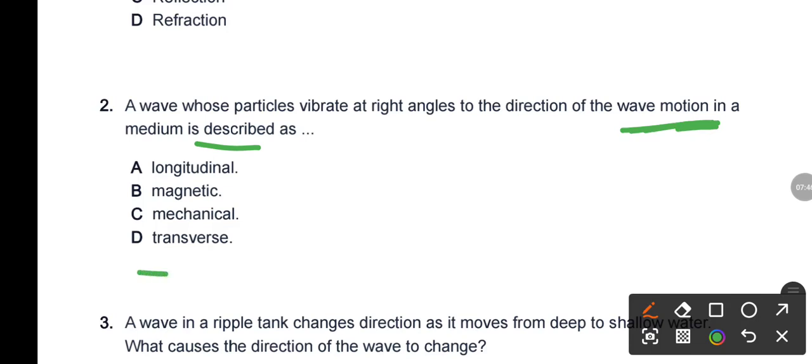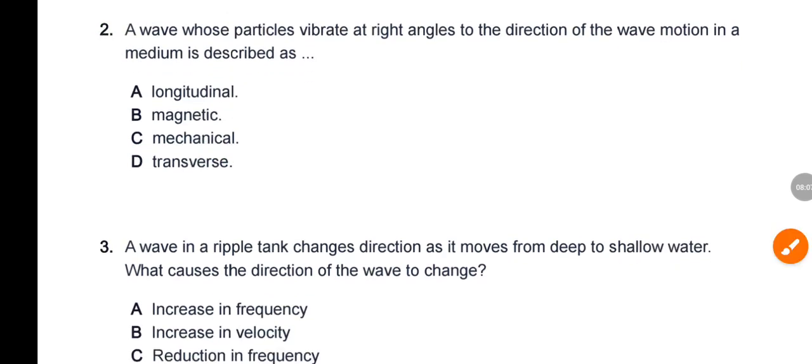Whereas for a transverse wave, the direction of oscillation of the particles is at right angle to the direction of wave motion. So what the question here is describing is a type of wave which we call a transverse wave. Therefore, here the best answer would be option D.